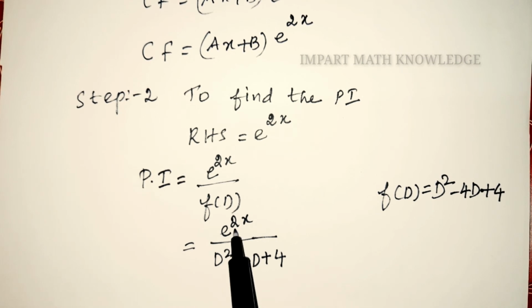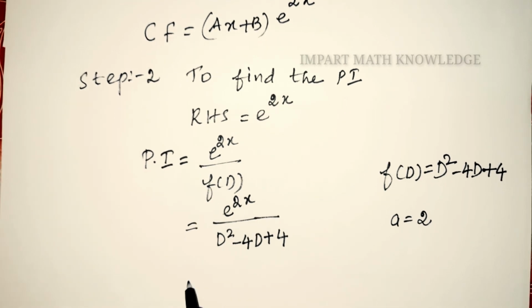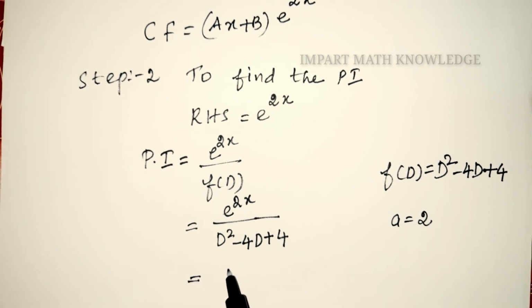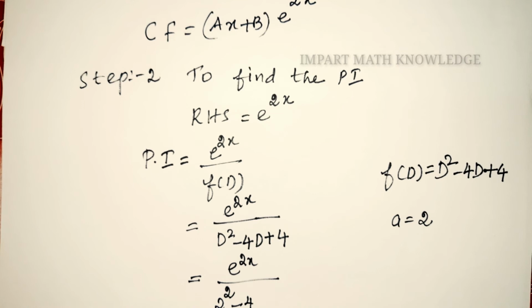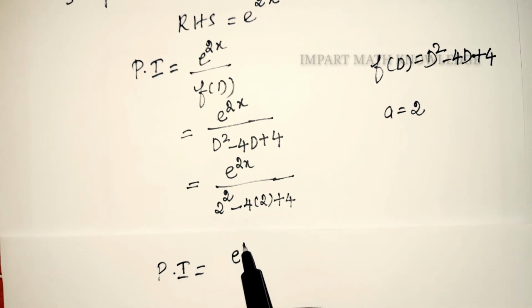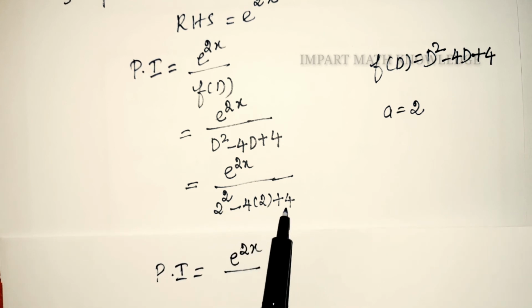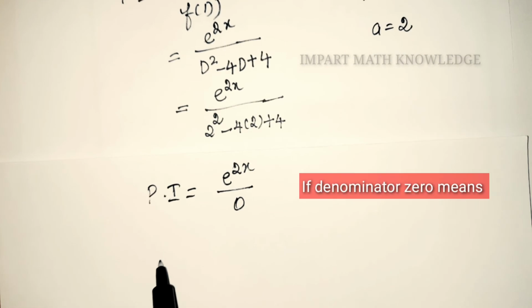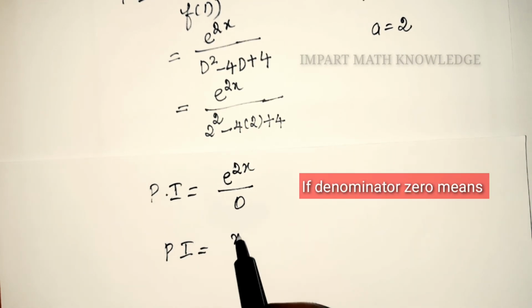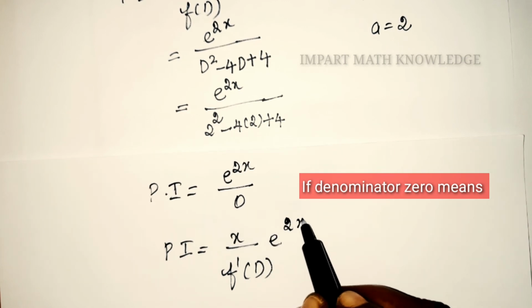Here the coefficient of x is 2, so a is 2. Now the particular integral is e power 2x by 2 squared minus 4 into 2 plus 4. The denominator is 4 minus 8 plus 4. The denominator is 0. So, the particular integral is x by f dash of D e power 2x.